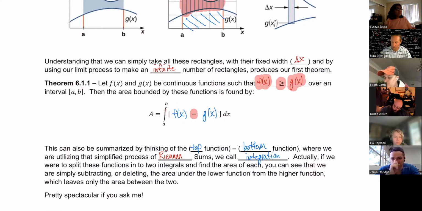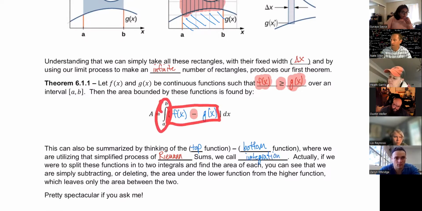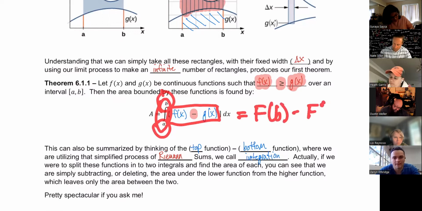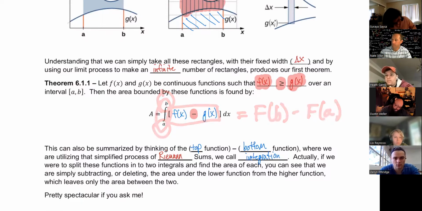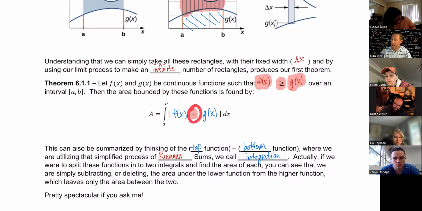Because ultimately, what are we going to have to end up doing with this? Integrating it, finding the antiderivative from A to B, which means the fundamental theorem of calculus part 2. To find what? What are we finding? Now, the area between the curves.